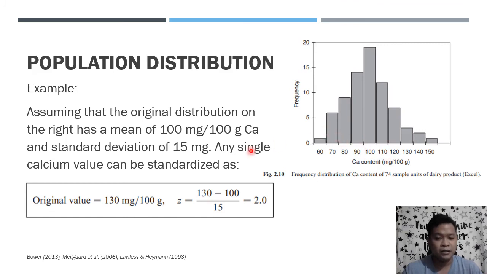So you just plug it in the equation, subtract the mean from the value in consideration, and divide it by the standard deviation to get the standardized score. A z-value of 2 means that it is 2 standard deviations away from the mean. Positive means it's greater than the mean, negative means it's less than the mean.